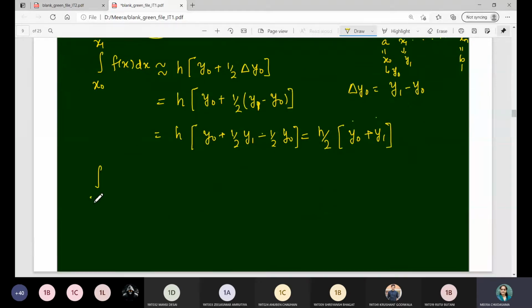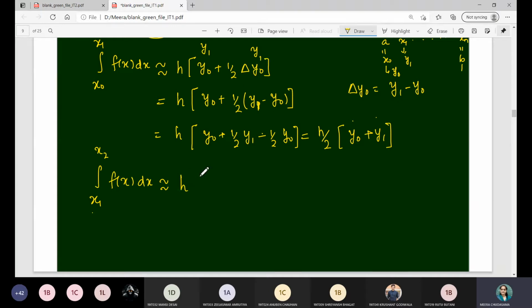That means whenever we take the next sub interval, x1 to x2, f of x dx, now you can predict that instead of y0 here we have to consider the corresponding value as y1. Instead of y0, y1 will come here because your interval is x1 to x2. When it was x0 to x1, the y0 value came, so now when it is x1 to x2, the y values will be replaced by y1.